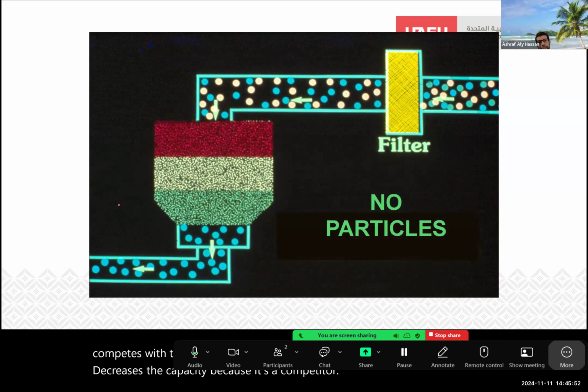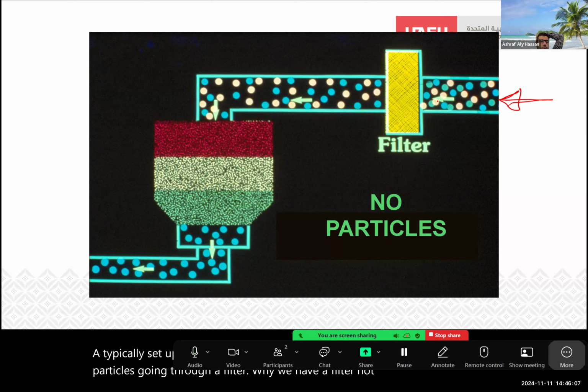So this is a typical setup where, from the left, you get your particles going through a filter. Why do we have a filter? Not to clog the activated carbon. This is the activated carbon here.